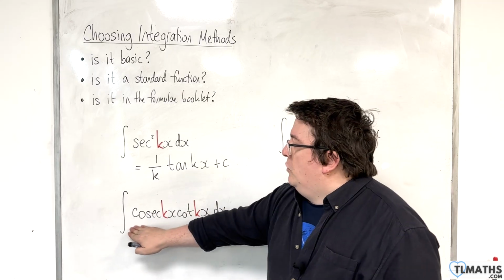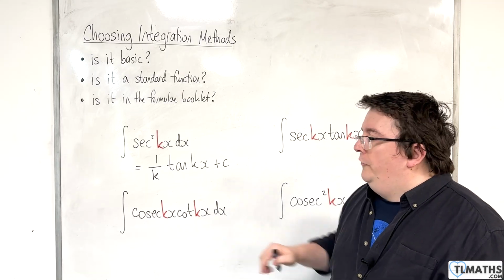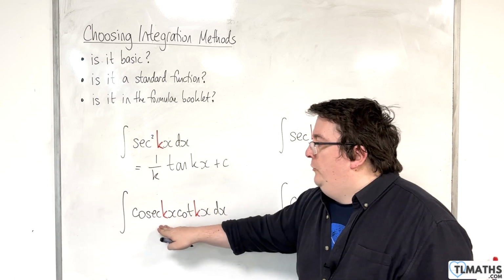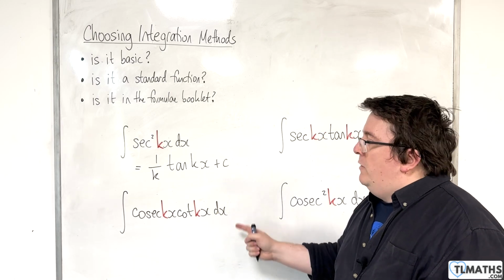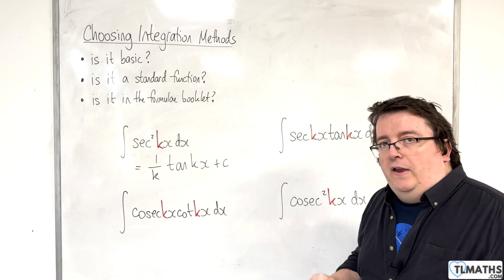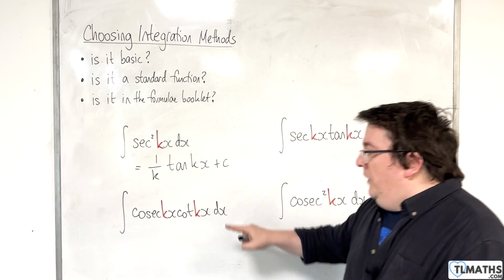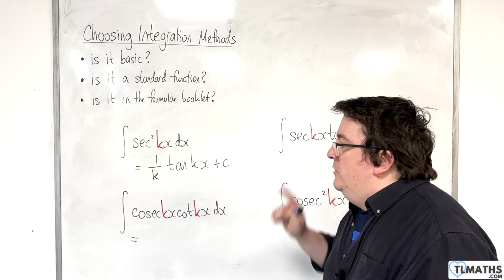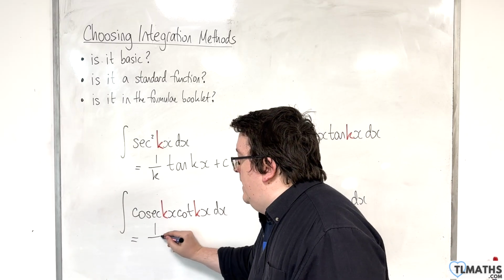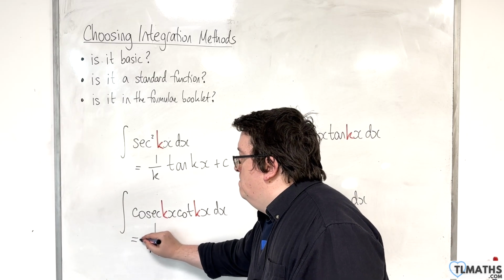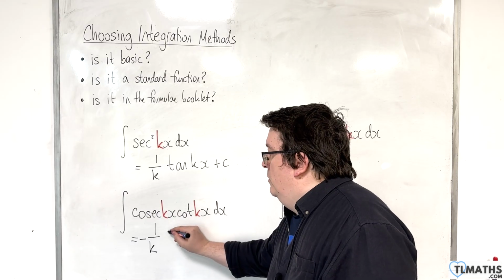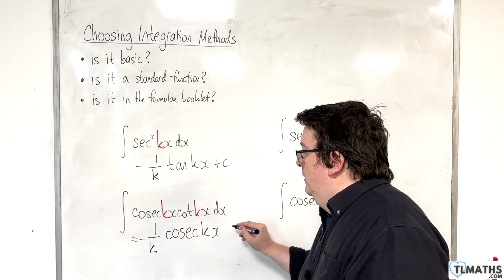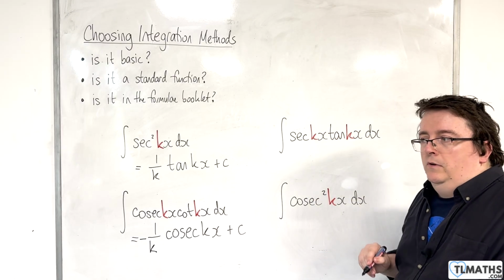So here we've got cosec of kx, cot of kx. Now, we know that if it's just cosec x, cot x, it integrates to minus cosec x. So here we've got the kx involved, so we're going to have 1 over k out the front, so minus 1 over k cosec of kx plus c.